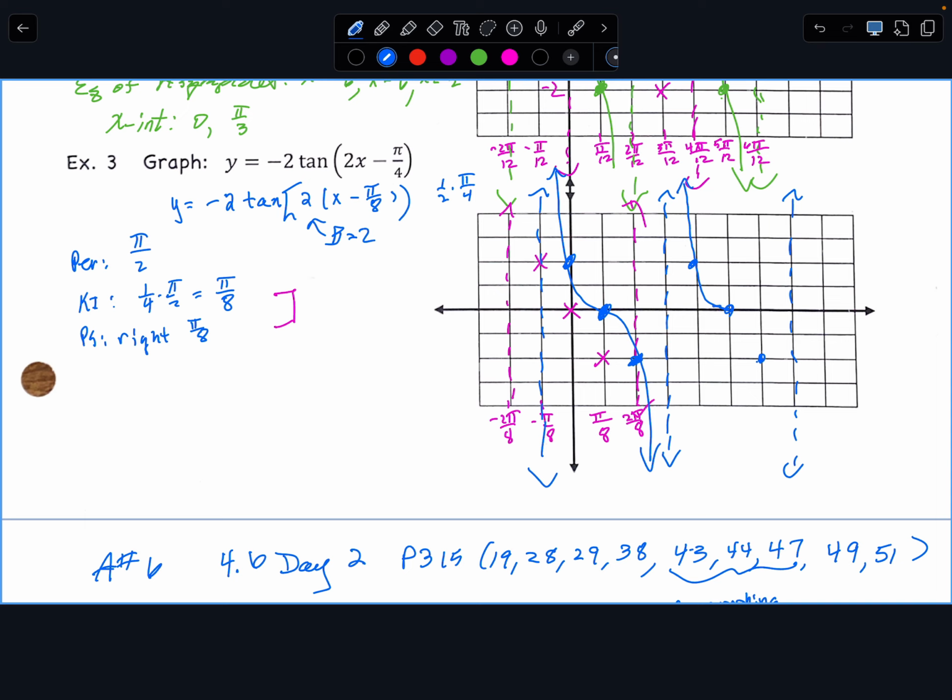Again, try to flatten out as you go through the x-intercept so that you get that feeling of a changing concavity. And as far as values for that, we have a 3 pi eighths, 4 pi eighths, 5 pi, 6 pi, and 7 pi eighths.